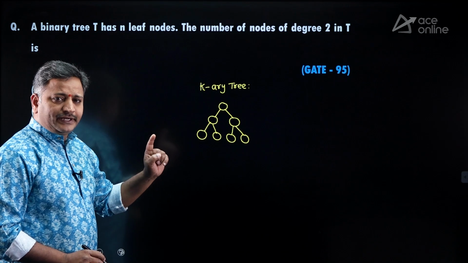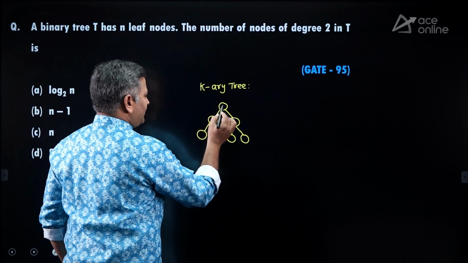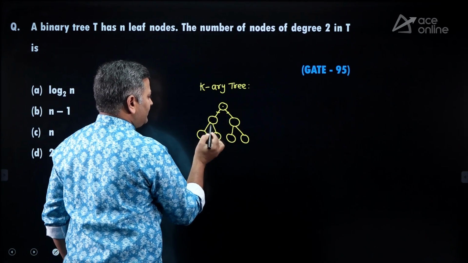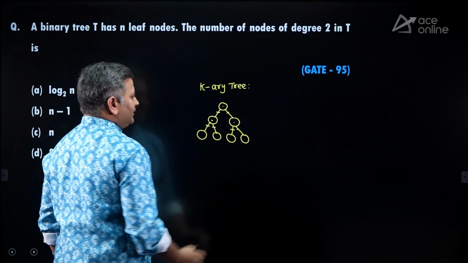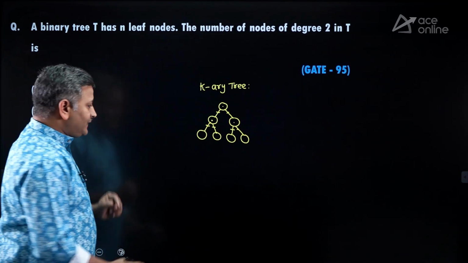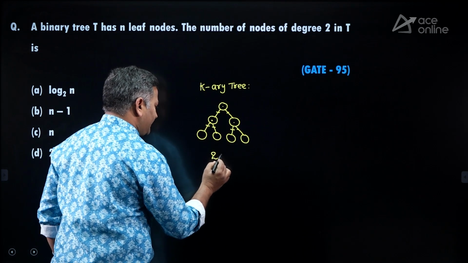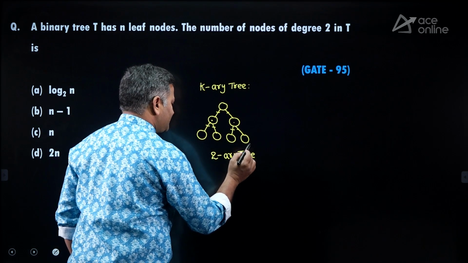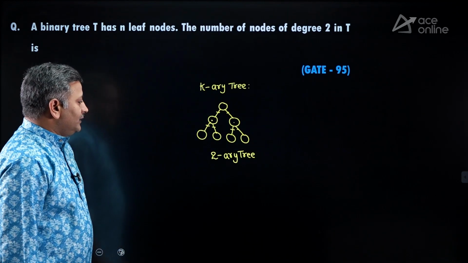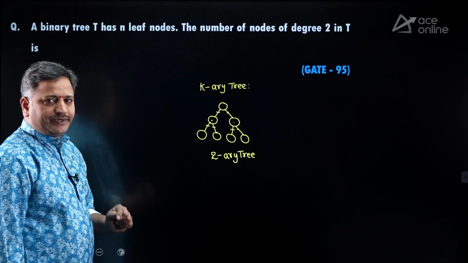Every internal node contains exactly 2 children. This internal node has 2 children, correct? This internal node has 2 children. This internal node has 2 children. So every internal node has 2 children. That's why this tree is called a 2-ary tree. If every internal node has exactly k children, that is called a K-ary tree. If every internal node has 2 children, that is called a 2-ary tree.